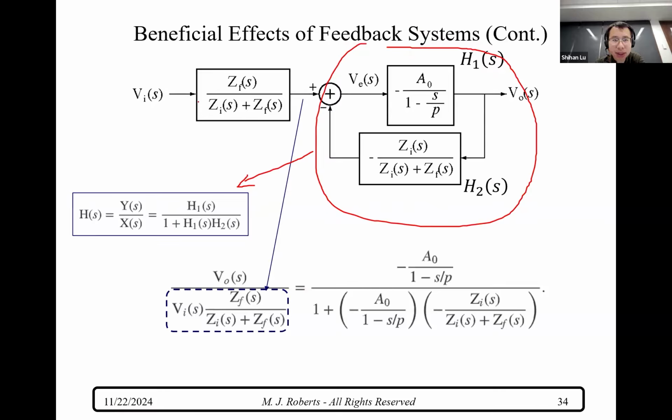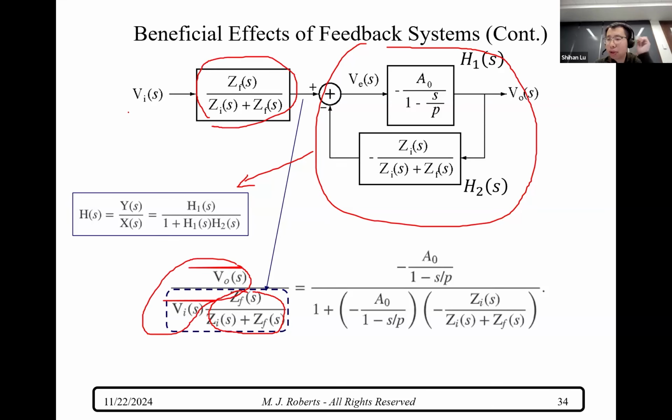And because we cascaded another item in the system, this cascaded term is going to be placed here, and this part is the overall system transfer function, which is the ratio of the output to the system input, VO of S over VI of S, right?